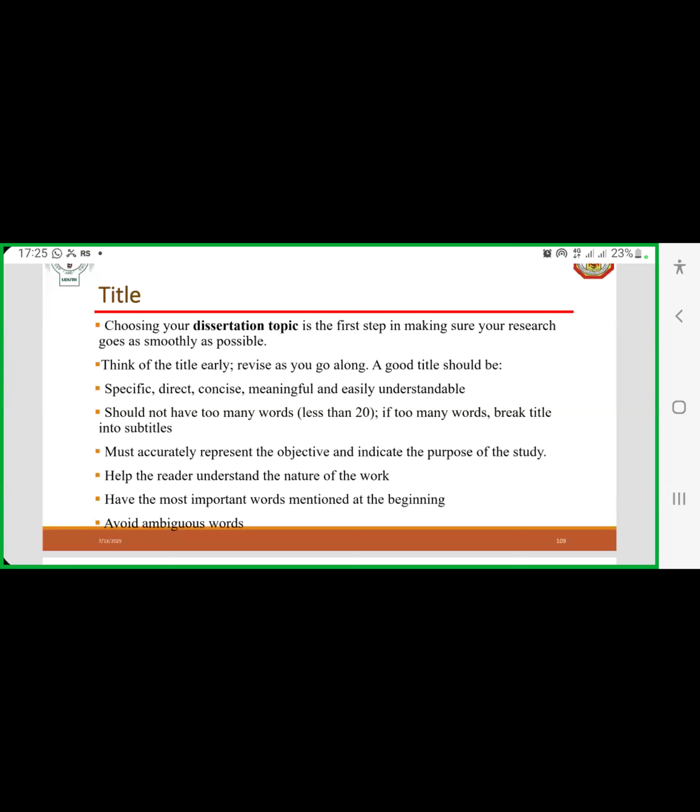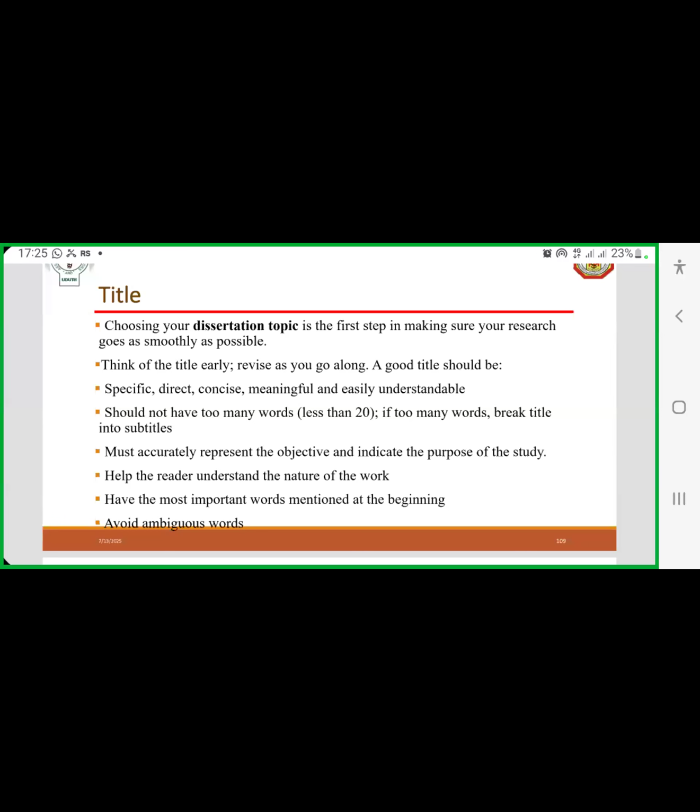So you have to have the name of the study population, the name of the community or the area where you want to study, and also the main aspect or the main aim of your study. So that is why it has to be specific.